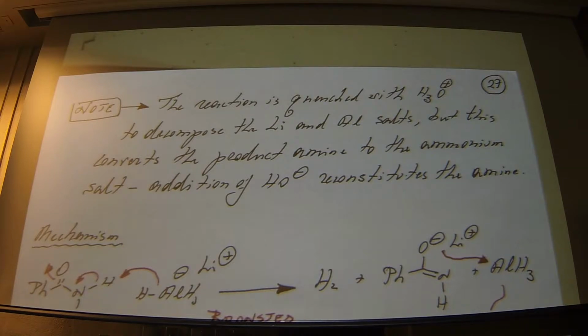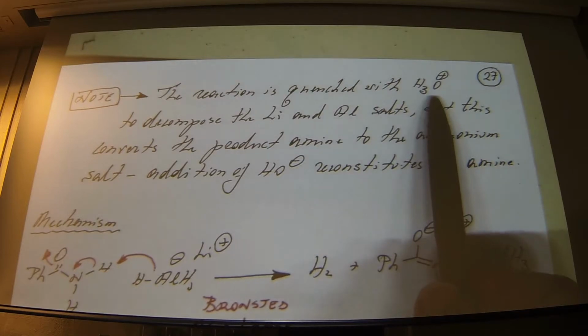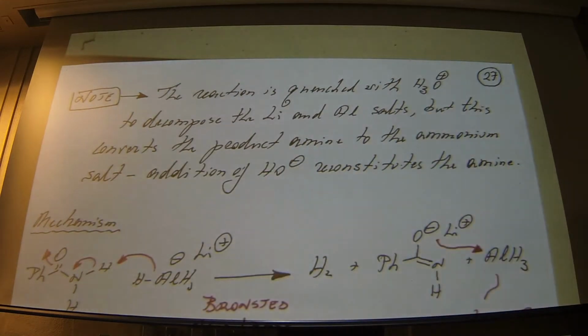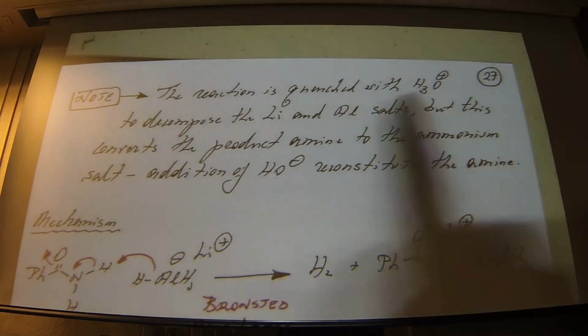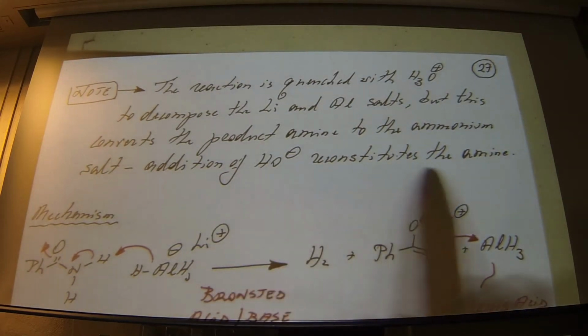Those ammonium ions need to be converted back to the amine, and that's why you treat the ammonium ion with hydroxide in the second workup step. The first workup step, the acid, kills off the reagent and makes the salts water-soluble, and then the hydroxide reconstitutes the amine. Okay, so how does that work?